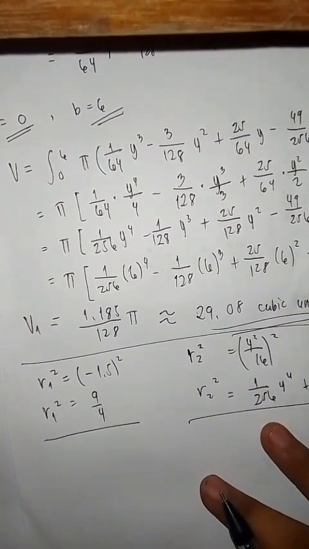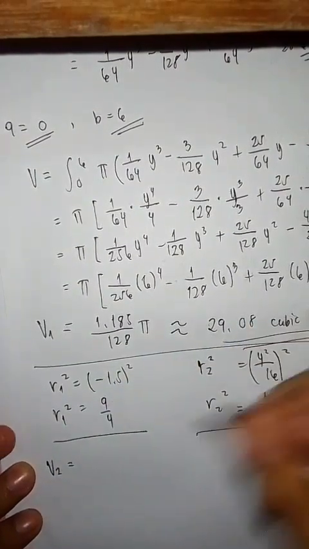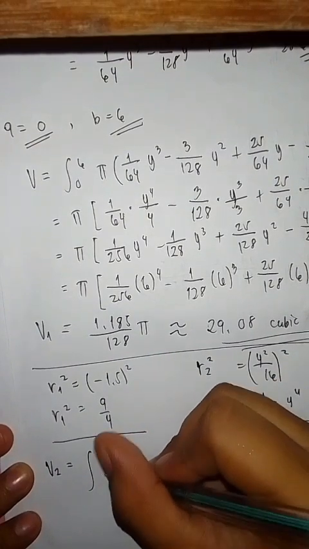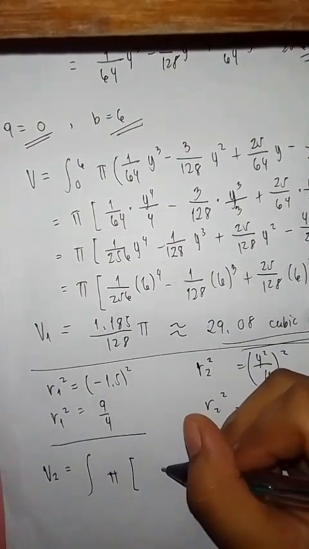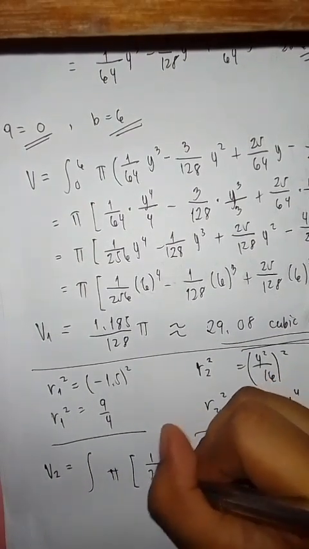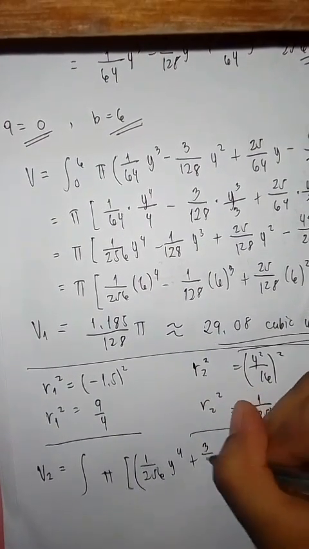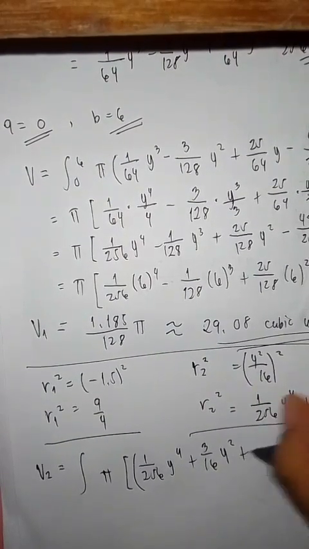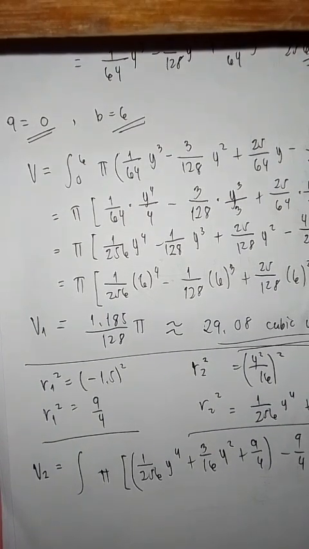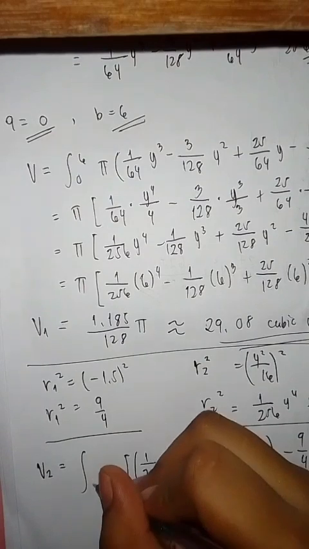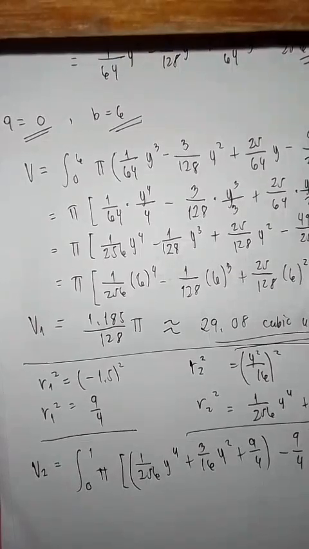Using the formula, our volume 2 is equal to the integral of pi times (1 over 256 y raised to 4 plus 3 over 16 y squared plus 9 over 4 minus 9 over 4), evaluated from 0 to 1, since our a is equal to 0 and our b is equal to 1.